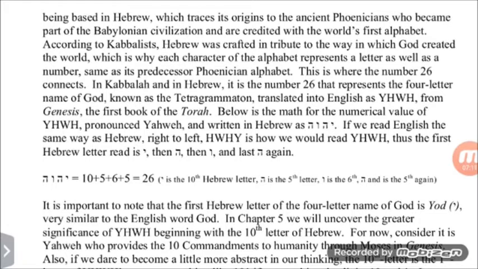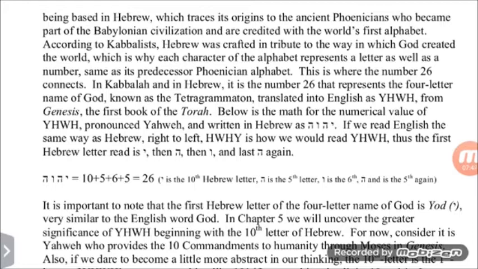YHWH, thus the first Hebrew letter read is this symbol, then that symbol, then that symbol, and last that symbol again. Symbols are laid out, equal sign: 10 plus 5 plus 6 plus 5 equals 26. The first symbol is the 10th Hebrew letter. The second is the 5th letter. The third is the 6th. The fourth is the 5th again.